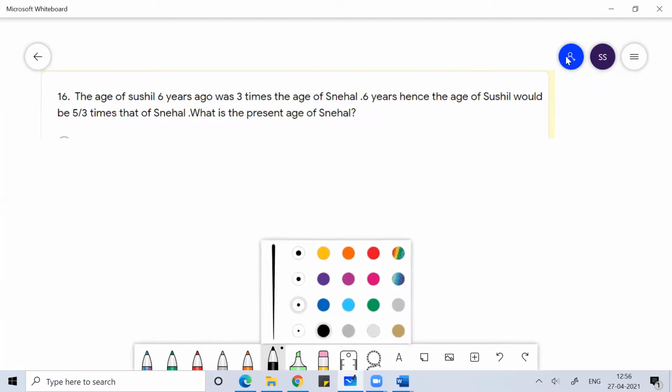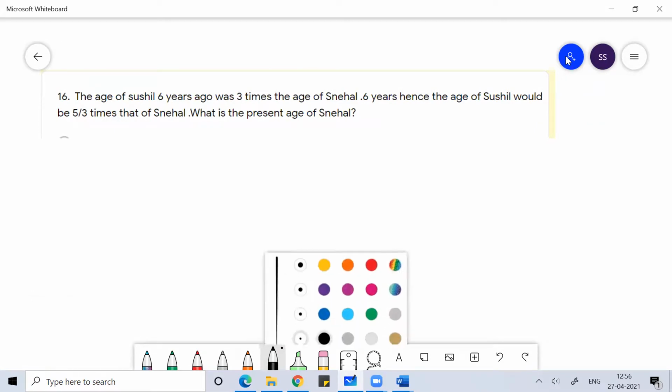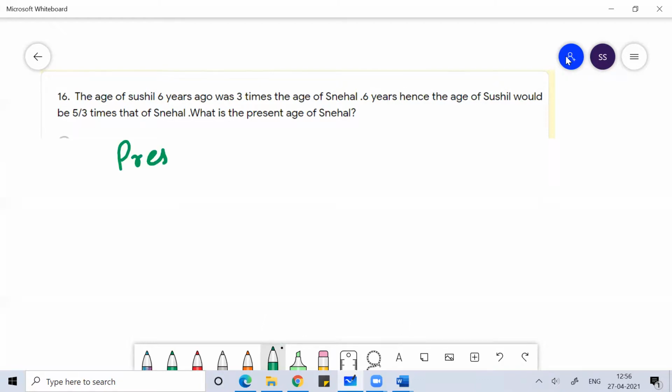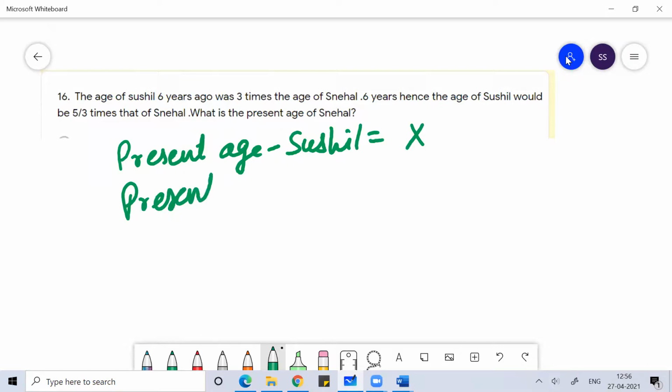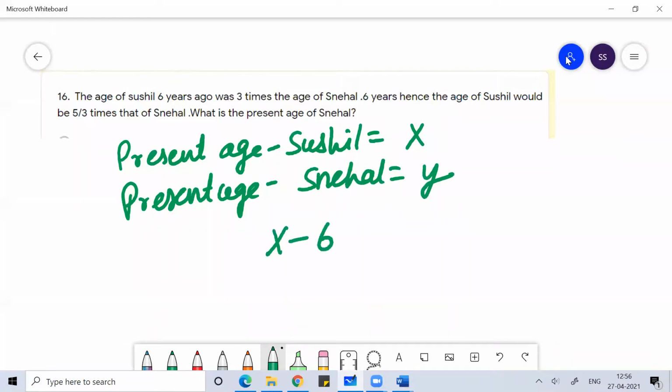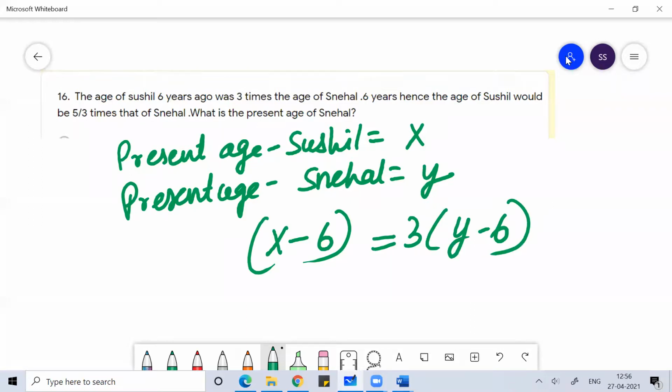Suppose the present age of Sushil is X years, and the present age of Snehal is Y years. Six years ago, the age of Sushil would be X minus 6, which was three times the age of Snehal, so Snehal's age was Y minus 6 then.